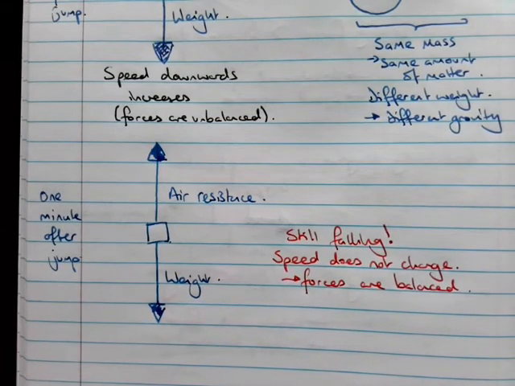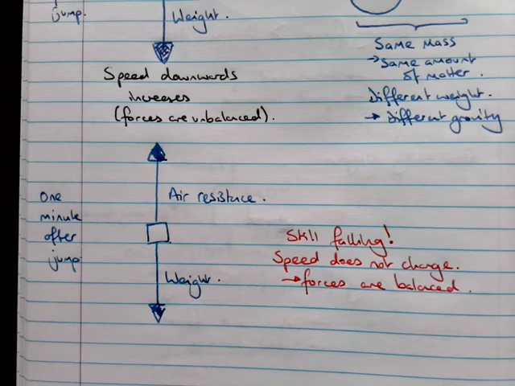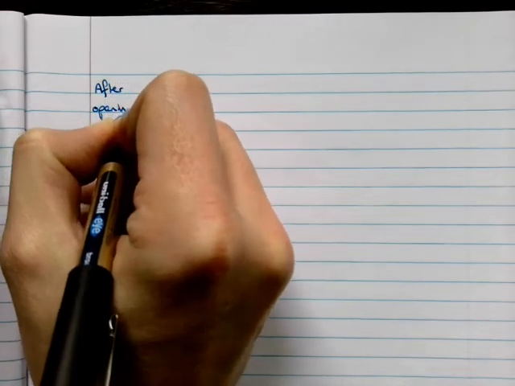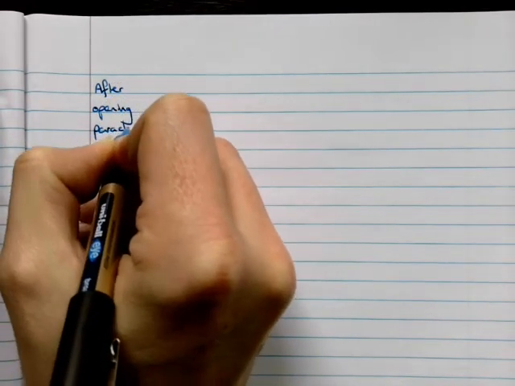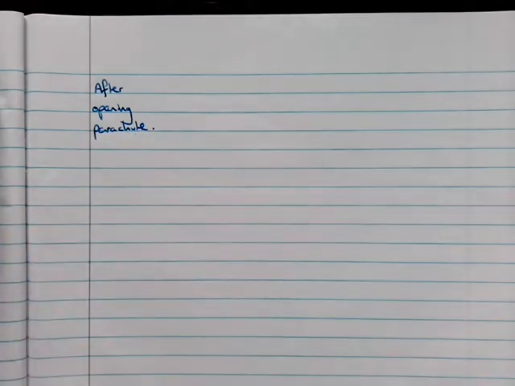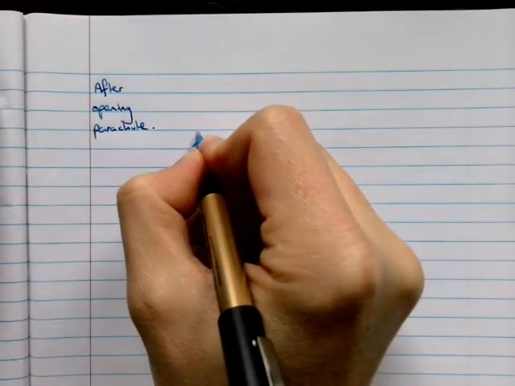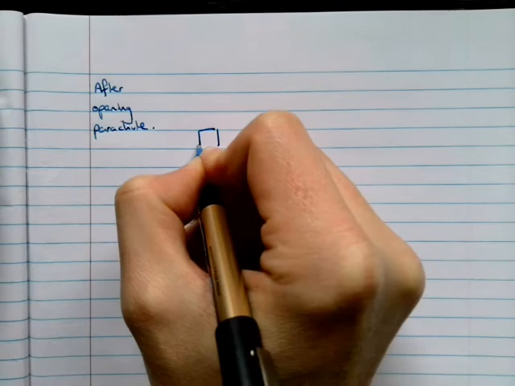The next situation is when you open your parachute. Why don't you have a go now, pause the video and see if you can draw yourself a diagram of what it looks like after you open your parachute and what that means. Hopefully you have a diagram that looks like this.